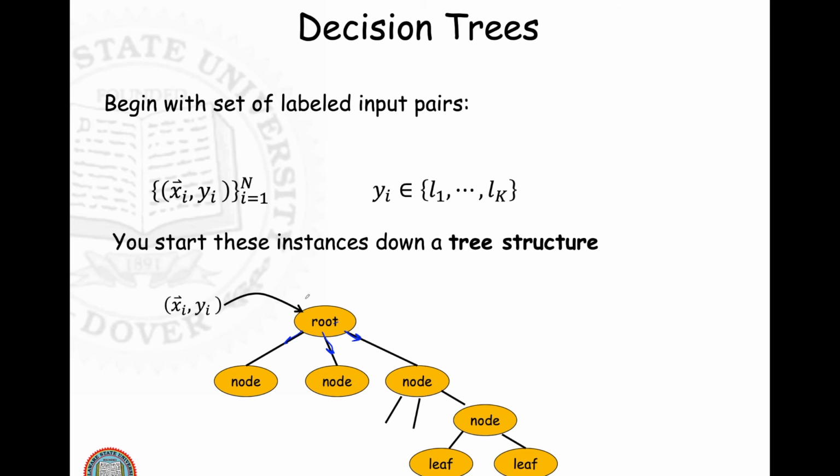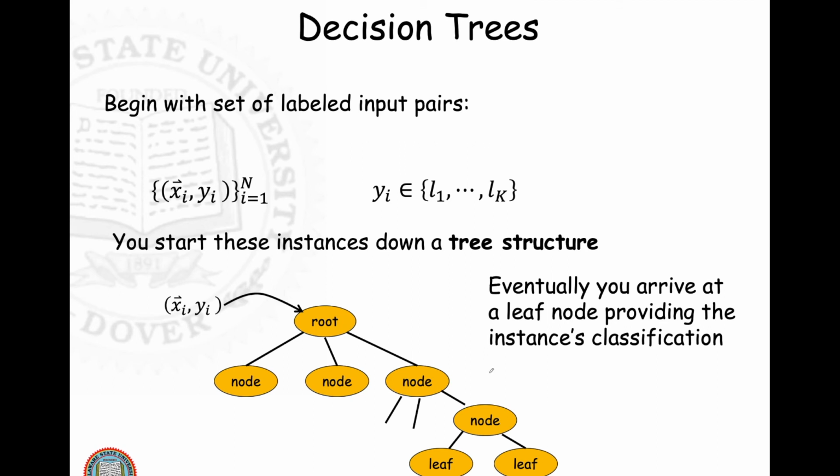And then eventually you walk down the tree examining different features until it comes to rest this instance at one of the leaf nodes in the tree structure. And so this interpretability comes from the set of test nodes, because these test nodes ask a question about the features corresponding to the feature vectors. And so eventually you arrive at a leaf node, and this leaf node will then provide the classification for that input instance.